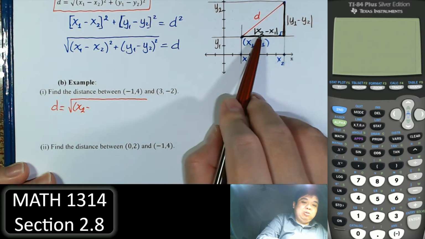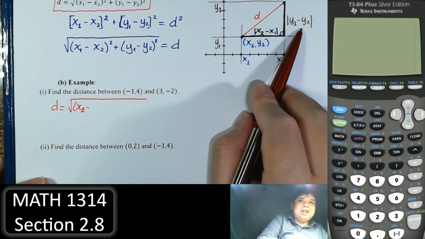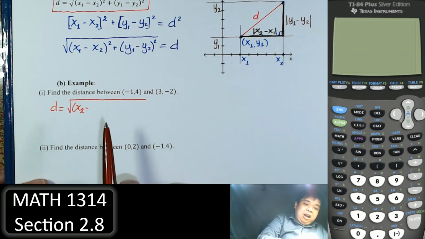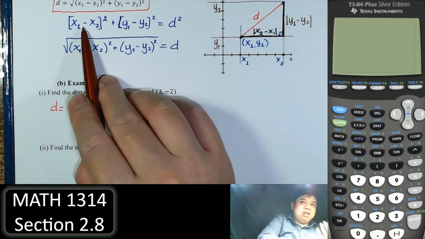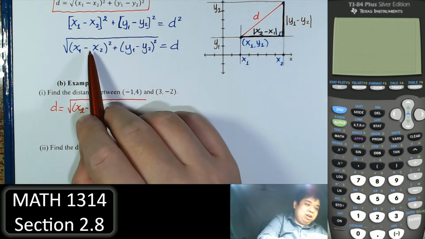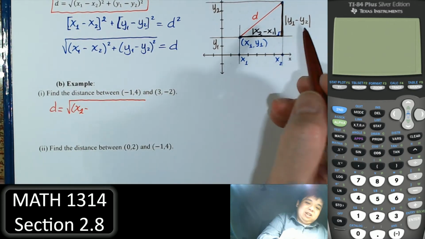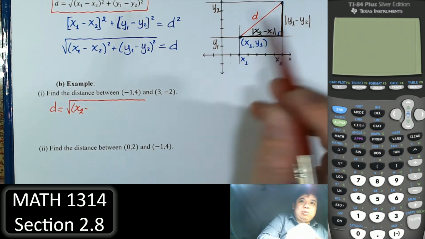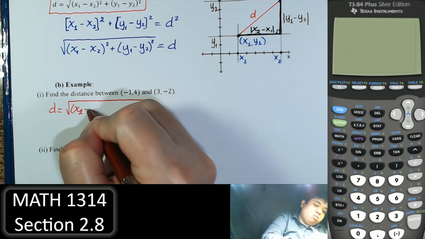It doesn't matter, as long as we have the absolute values, and then when we square it, the absolute value doesn't matter anymore.